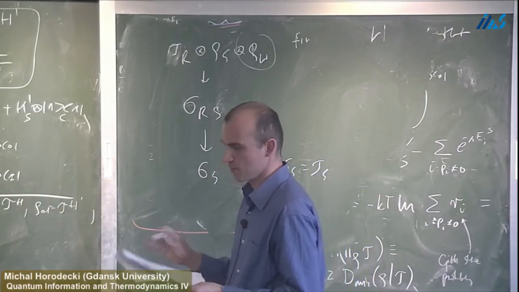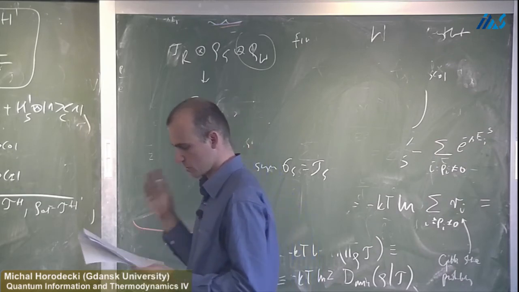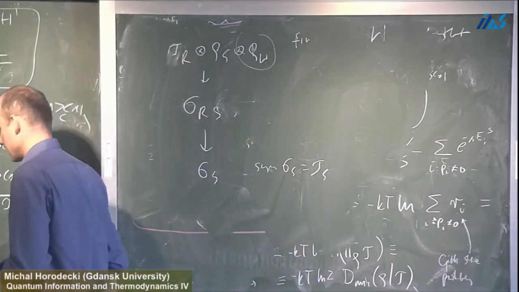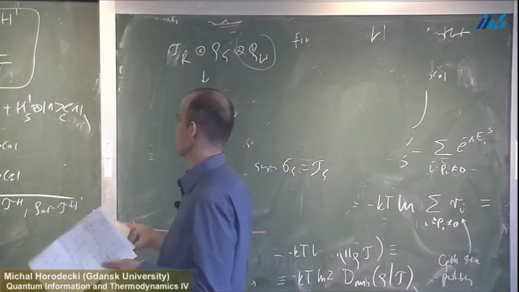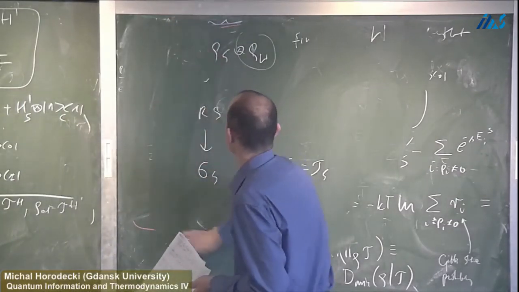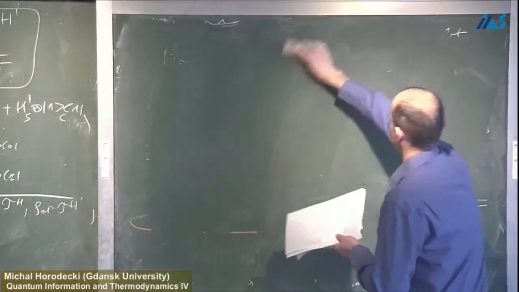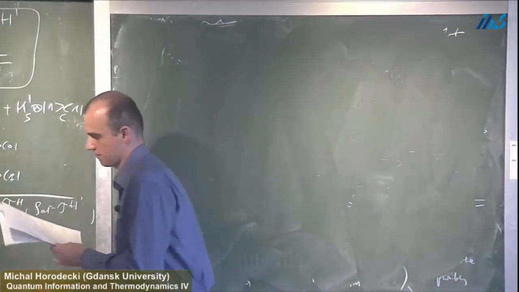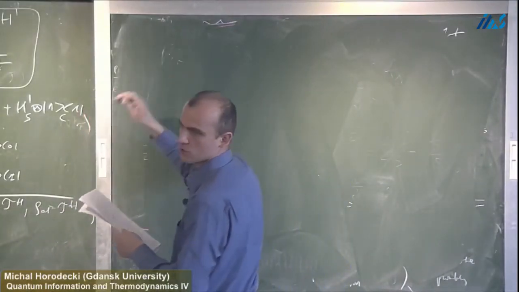So good. My final remarks are the following. I didn't have time to tell about further developments and a little bit different definition of work using the change of Hamiltonian. So let me just say, in two sentences, very roughly: here we are paranoid.